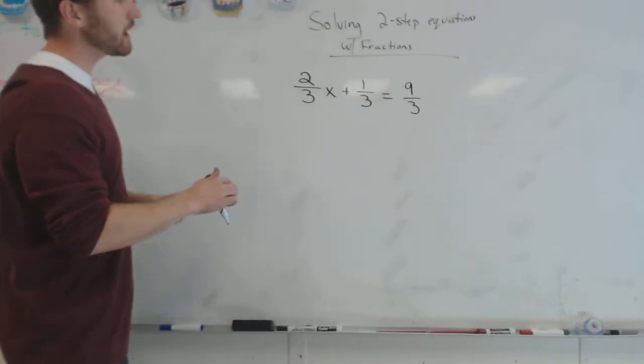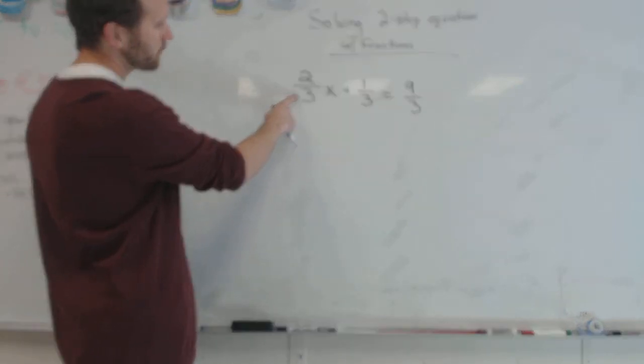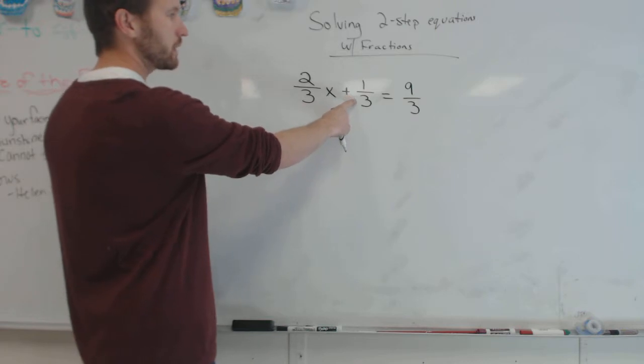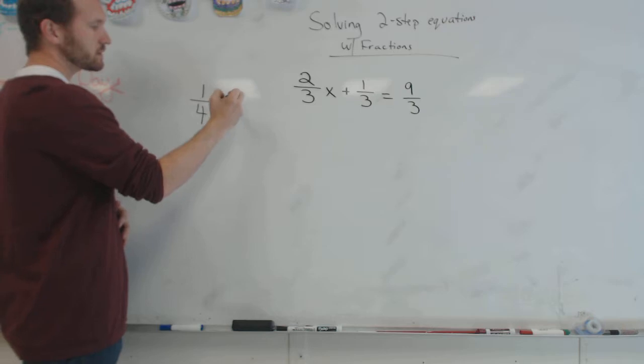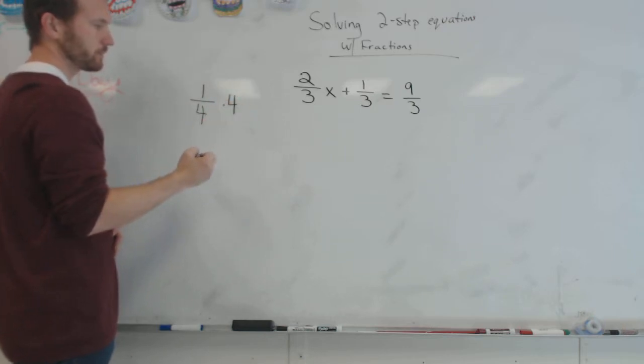I'm going to look at my denominators: 3, 3, 3. What happens if I multiply a fraction, like 1/4, times its own denominator? What happens when I do that?